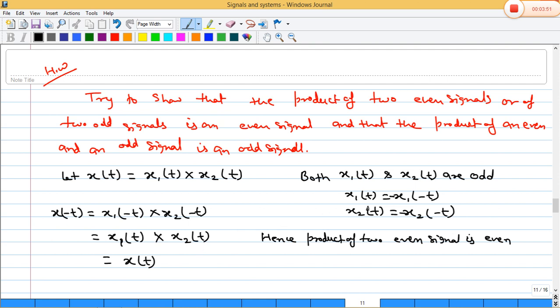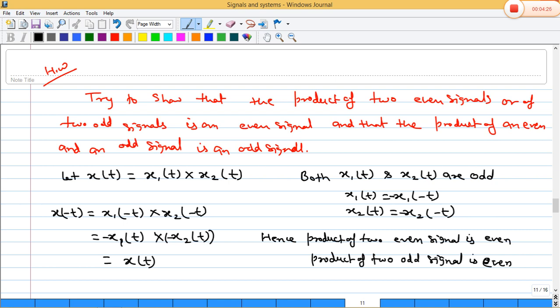So if both are minus, then this is equal to minus of x1(t), and here also minus of x2(t). Now x(t) will be there, because minus times minus is plus. Hence we can say the product of two odd signals will be even.